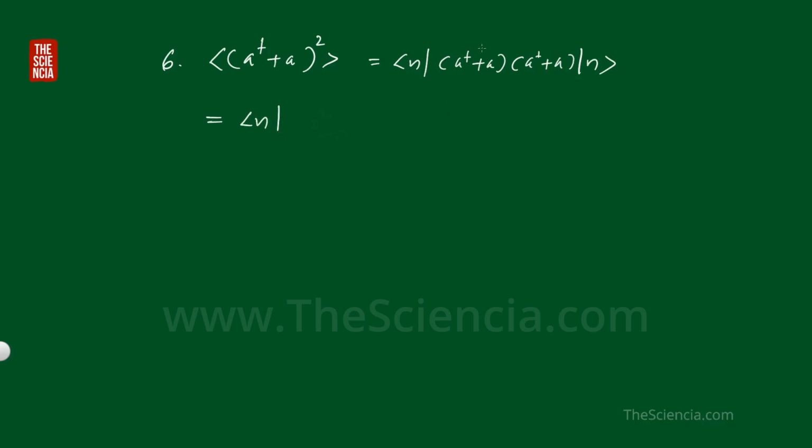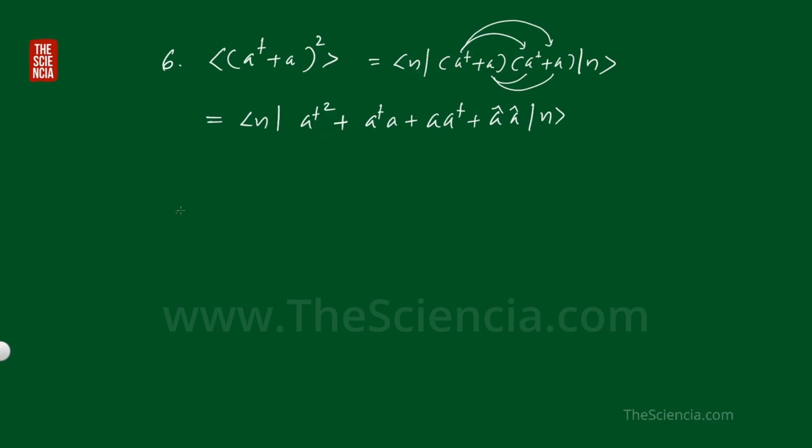Now this is equal to ⟨n|. We can multiply these terms: a†² plus a†a plus aa† plus a², |n⟩. See, here also the order is very important.